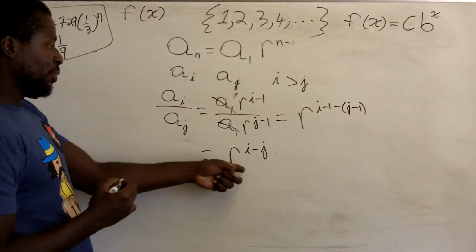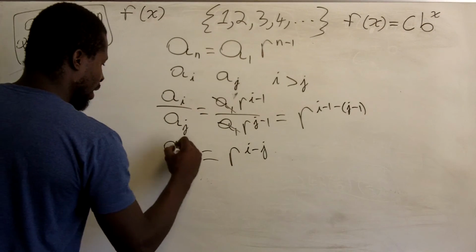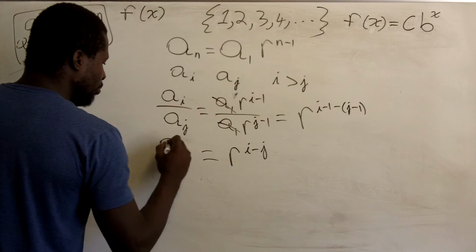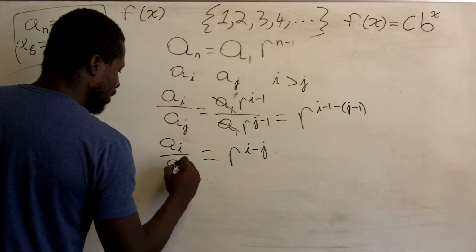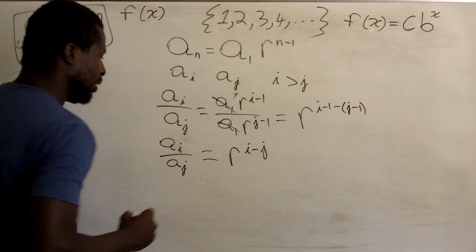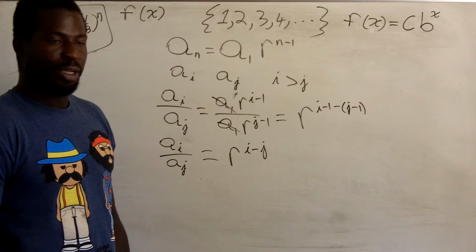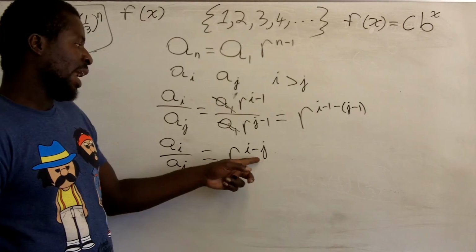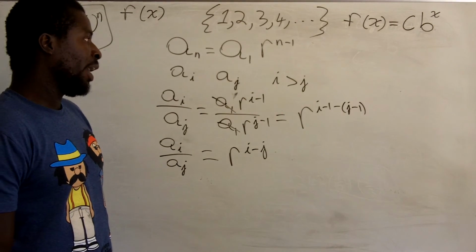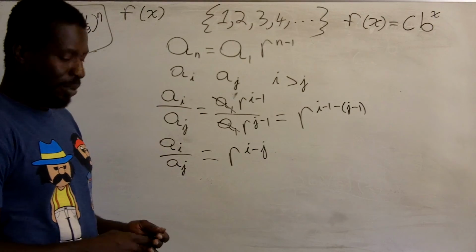So it turns out I can use this to find r. I know that Ai over Aj is equal to r to the i minus j. So I can take the (i minus j)th root here and finish this problem off.